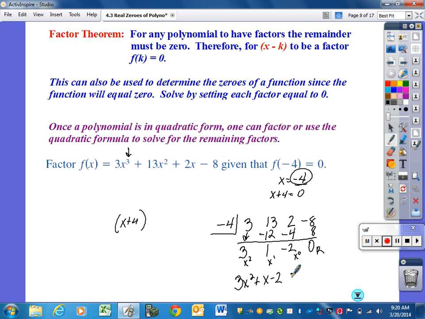Can I factor that? 3x and x. Now how many choices for 2? 2 and 1. Inside 2x, outside 3x. Is their difference 1? To be positive 1, the 3 would be positive, the 2 would be negative. So I would also have the factors 3x minus 2 and x plus 1.